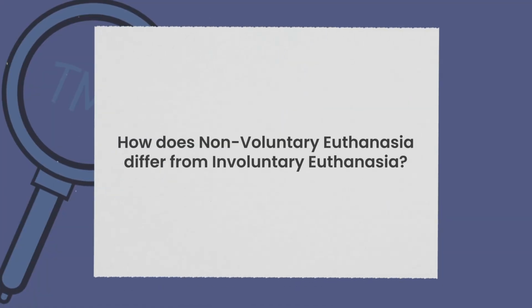How does non-voluntary euthanasia differ from involuntary euthanasia? Non-voluntary euthanasia is the act of ending a patient's life without their explicit request, and this happens often when a patient is not competent to make this decision. Involuntary euthanasia, on the other hand, is when euthanasia is performed against the explicit will and desires of an individual in the face of explicit competent consent.